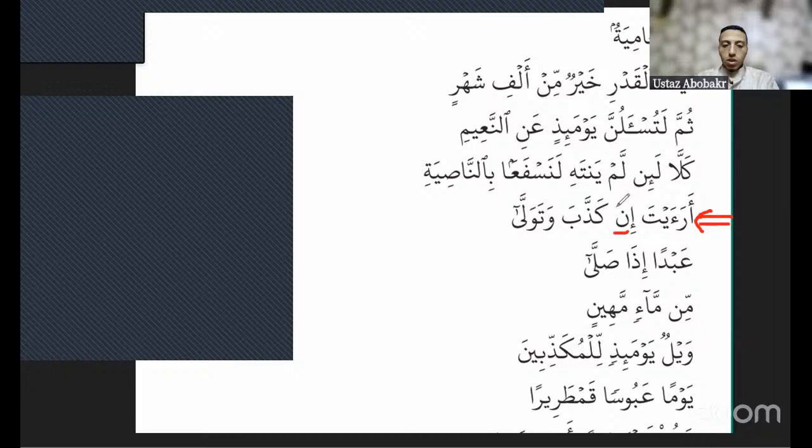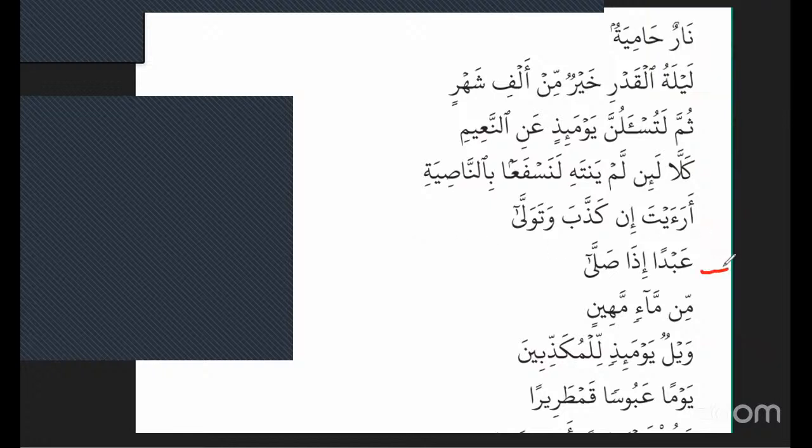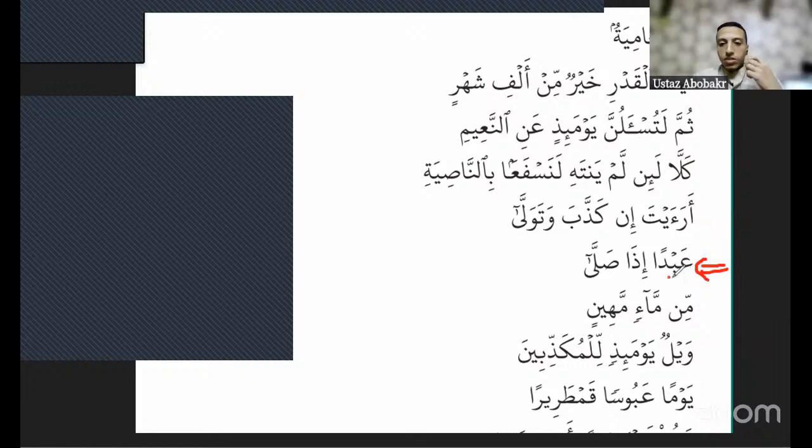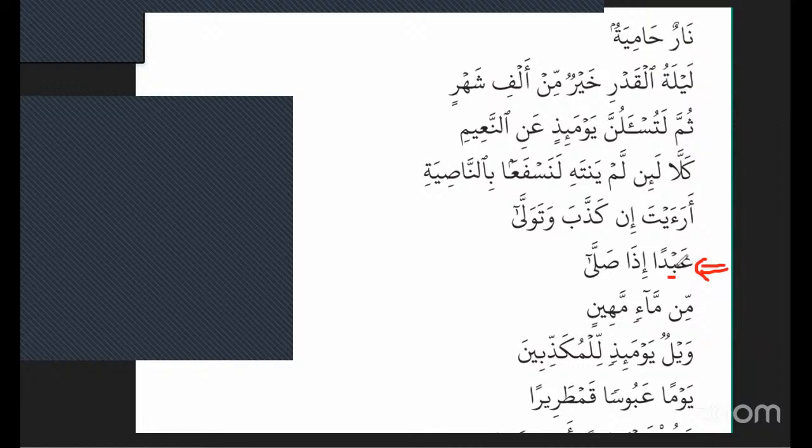Okay, who else would like to participate? Nobody else would like to join? Maybe I can do the rest of them. So, what do you think? All right. Okay, عبدا إذا صلى. Yes, we make qalqala to the dal, you know. عبدا. Abadan. Like qalqala will be on the dal, right?